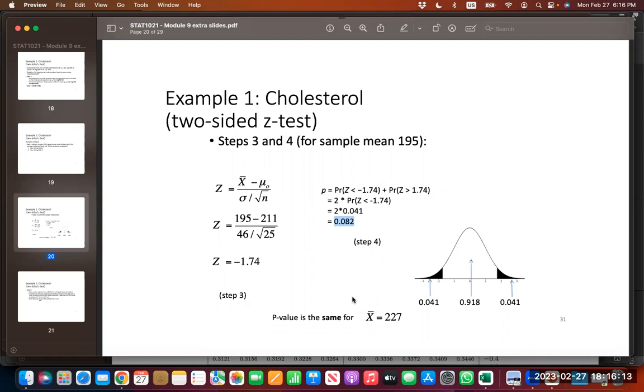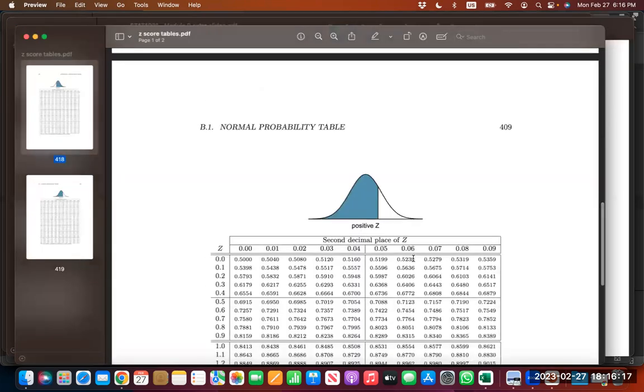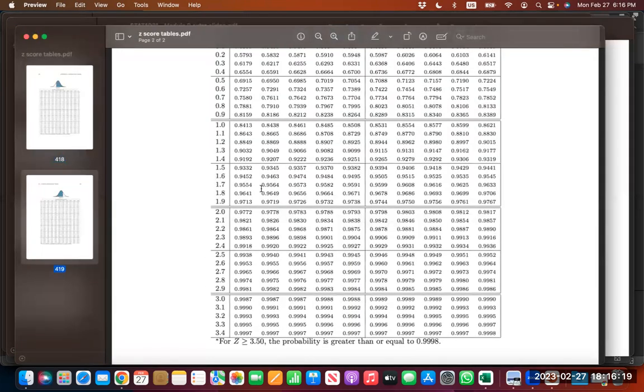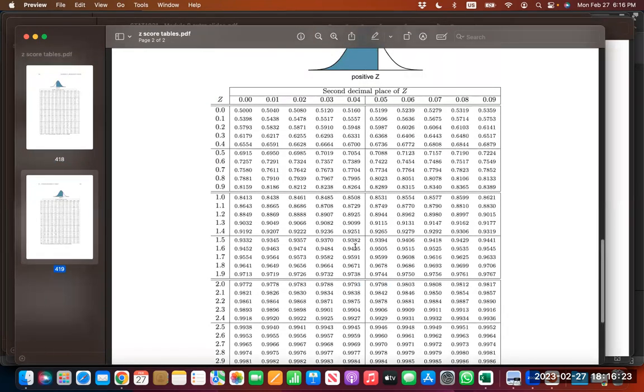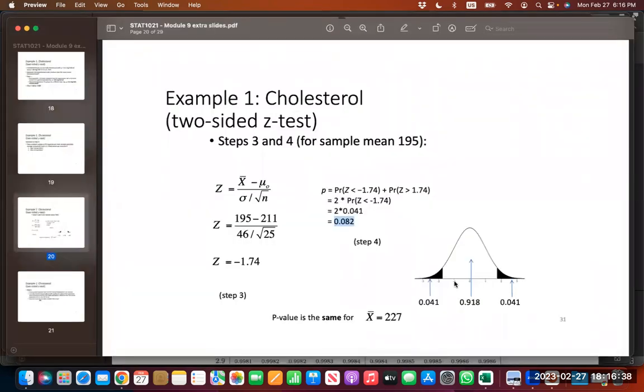That is with plus 1.74, and don't fall into the trap, please, if you're being challenged on a question on an exam with that. If you look up 1.74, you're looking at 0.9591. Then 1, the whole thing, minus 0.9591 is 0.041. And you're multiplying that by 2 again, which gets you both sides.